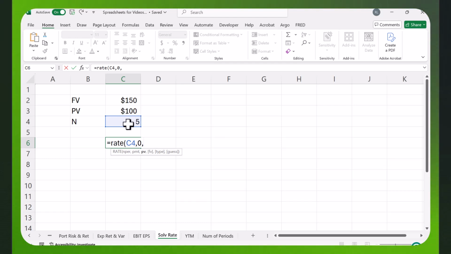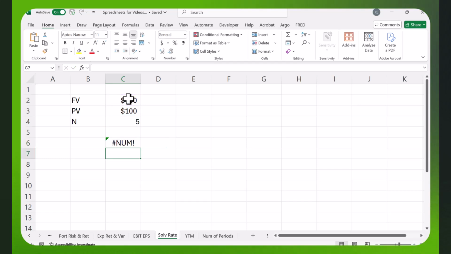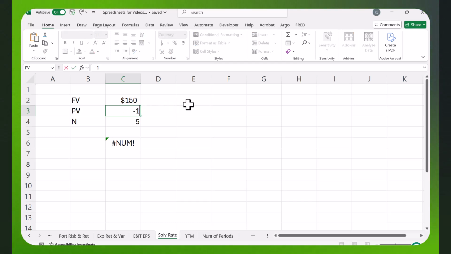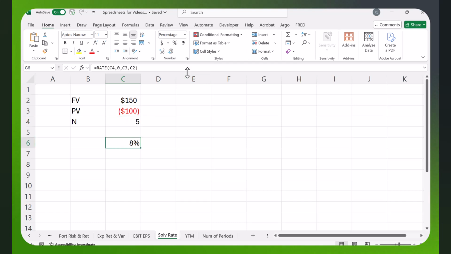I have 100 here, and I'm going to do this incorrectly. I forgot to make this a negative number, and I'll show you that you'll get an error message if you don't have negative 100 for the present value. You get that NUM message. So let me change this to minus 100, and we get 8%, and you need to expand the decimal places, and you can do so up here.